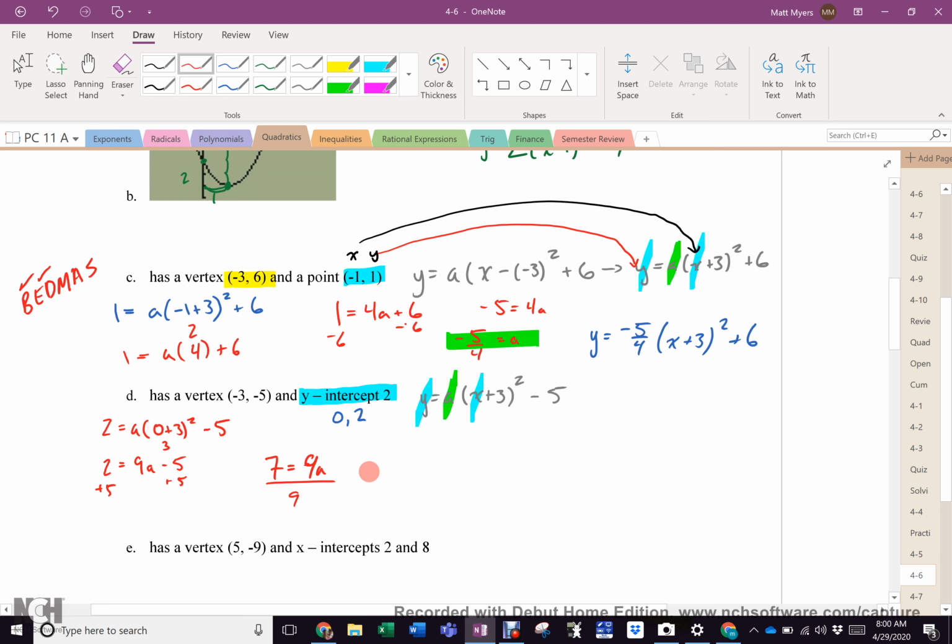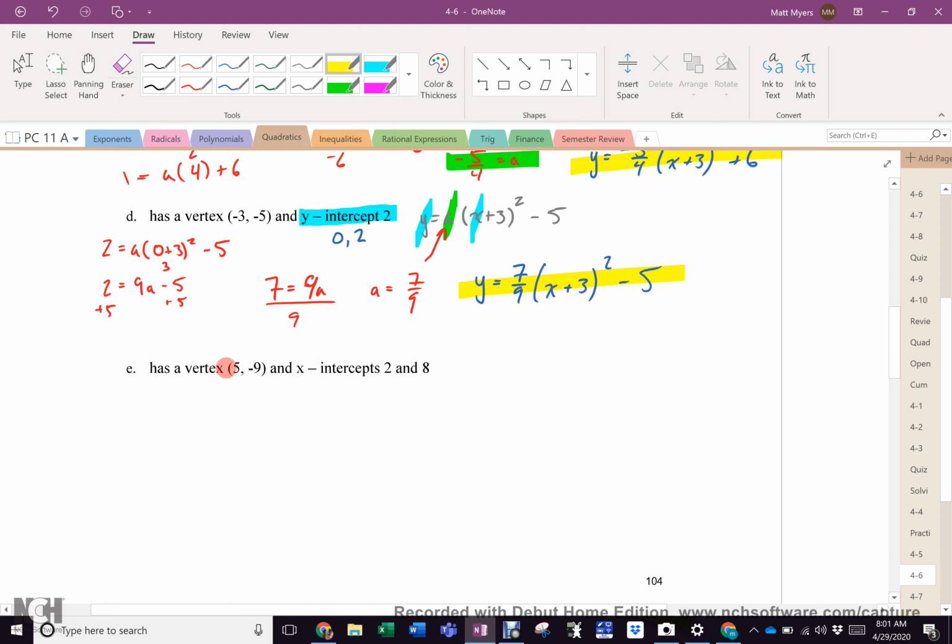Divide both sides by 9. A equals 7 ninths. Now there's a. So I just write out my proper answer. Y equals 7 ninths (x plus 3) squared minus 5. Final answer.